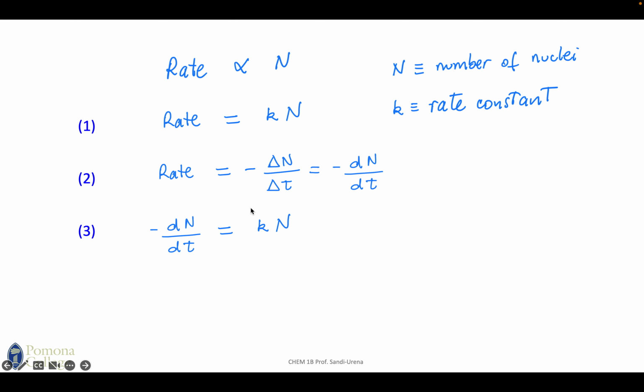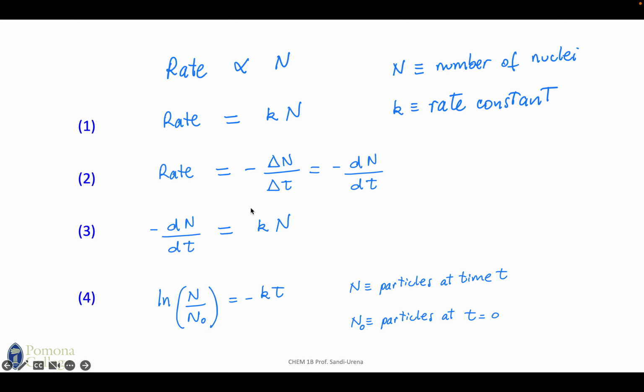We do some mathematical manipulations that we don't need to fully understand at this time, that lead us to this equation down here. The natural log of the ratio of N over N sub 0 will be equal to minus k times t.